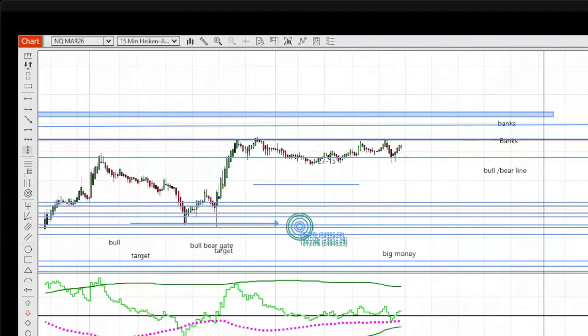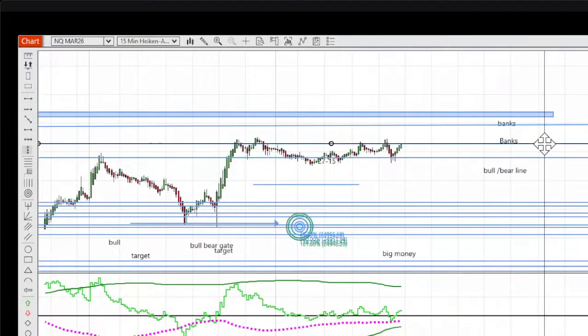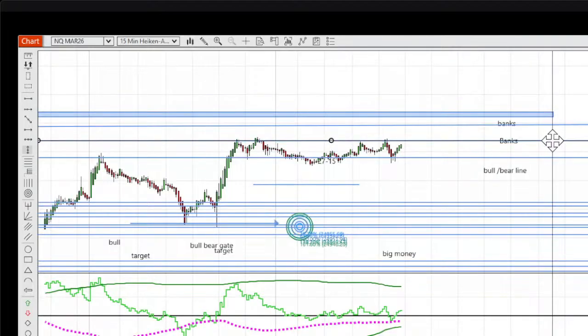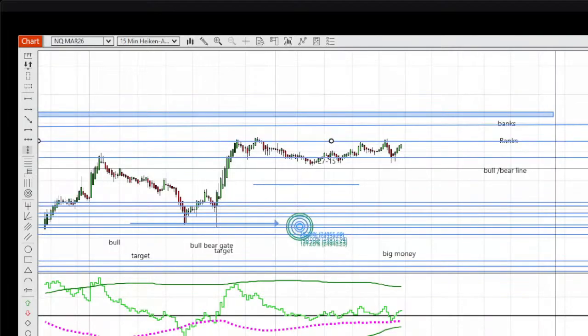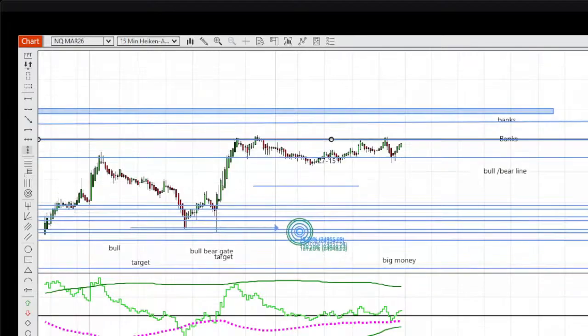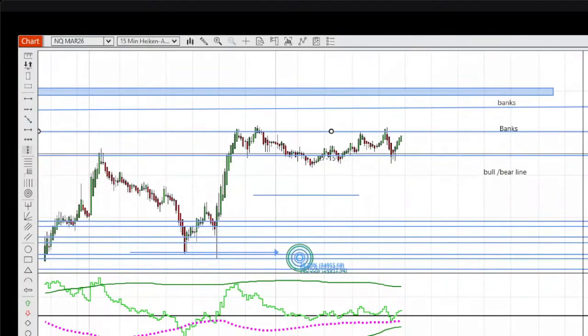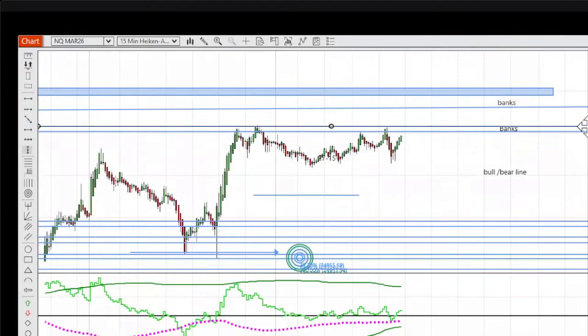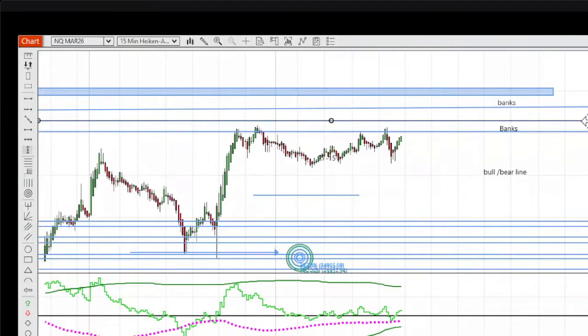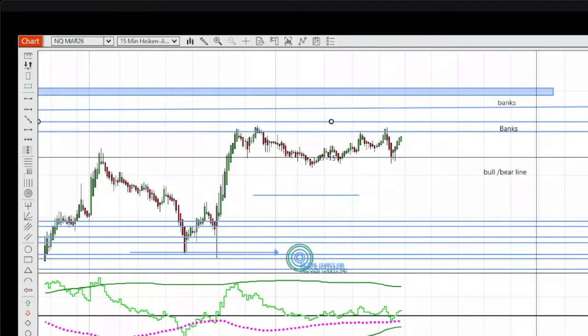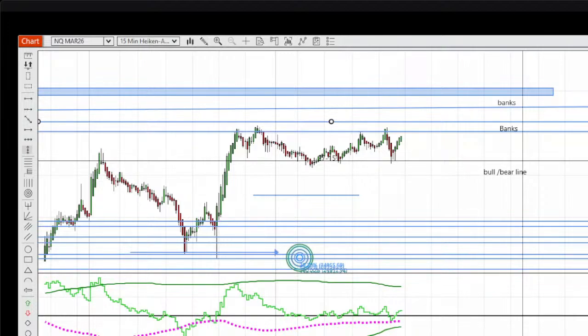that's weird. It's supposed to be a 7, not 17. Right there. And there's your 40 right there. So there's your bull bear line.